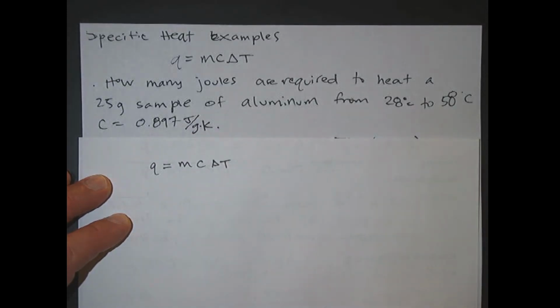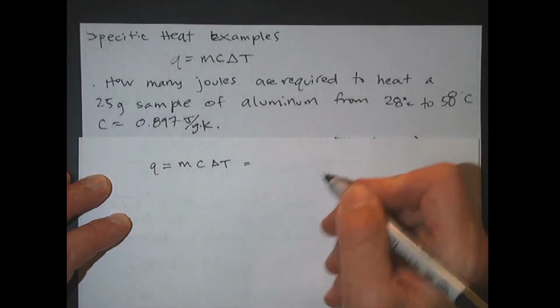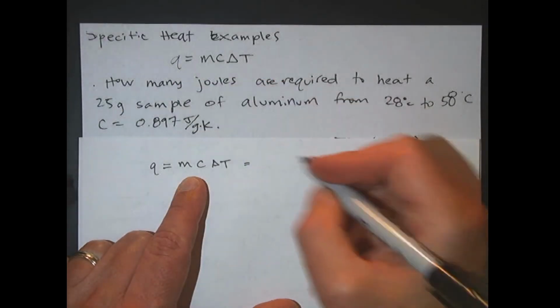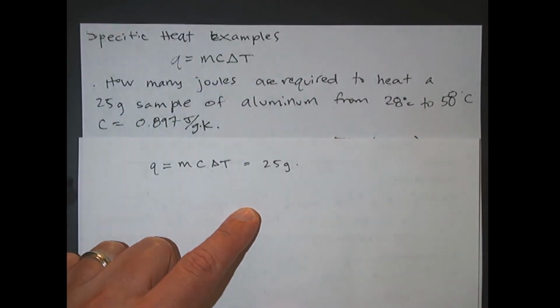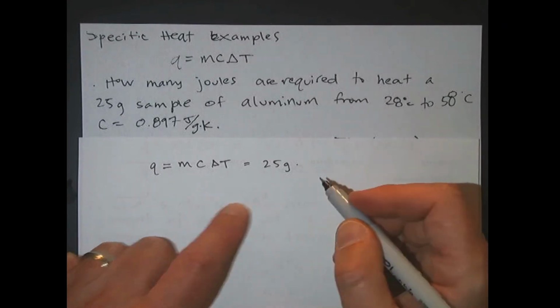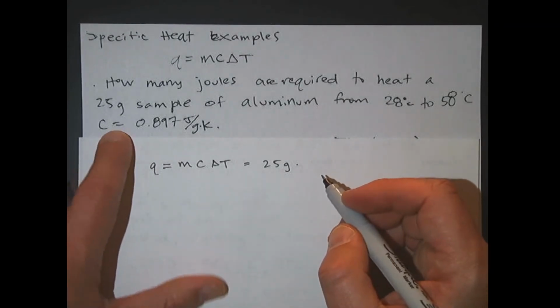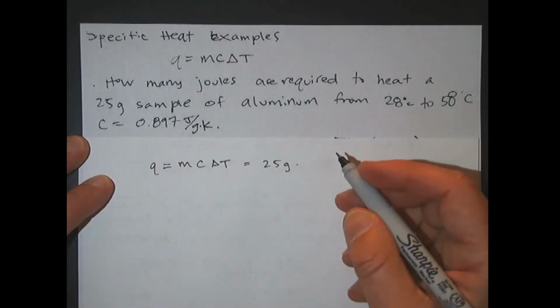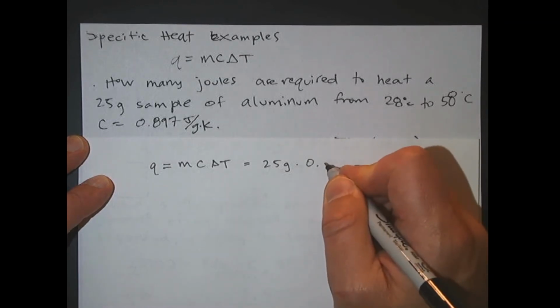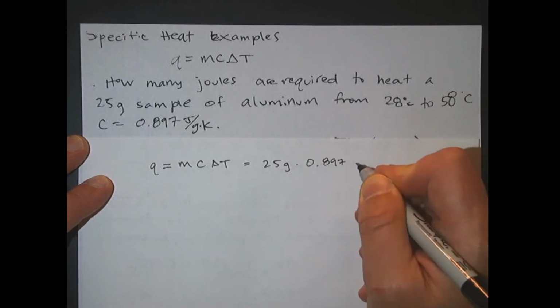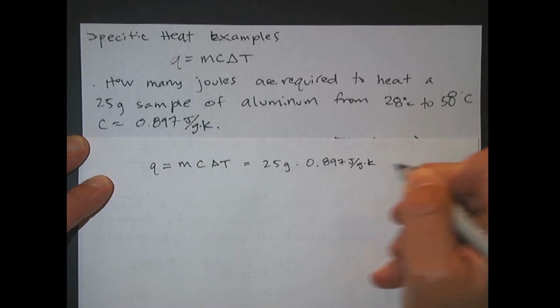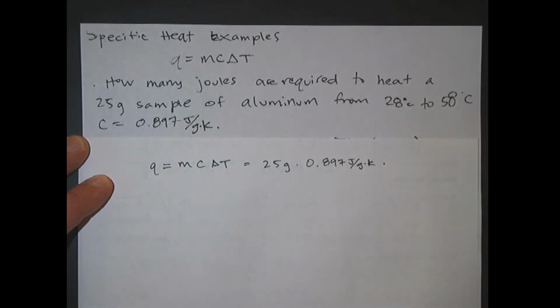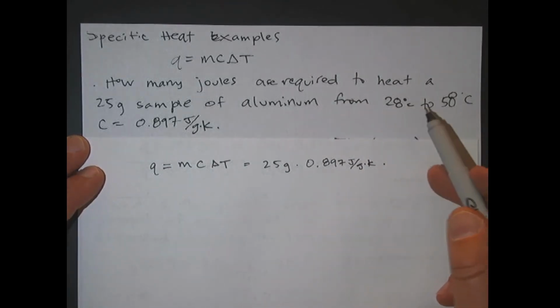I'm going to shovel the numbers in there. So the mass of this sample is 25 grams. The specific heat of aluminum is 0.897 joules per gram times Kelvin. And the temperature change, you can do this part in your head if you want.